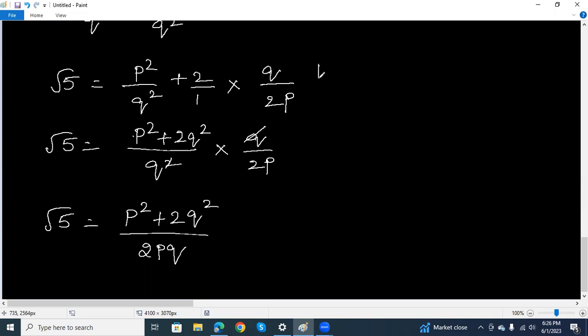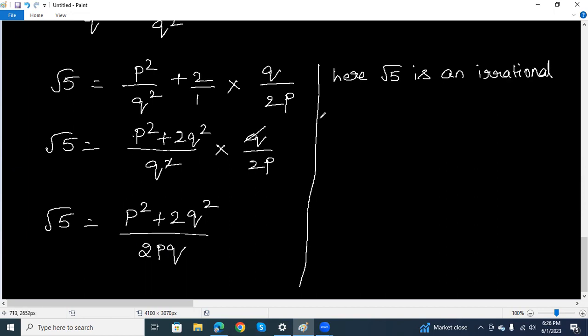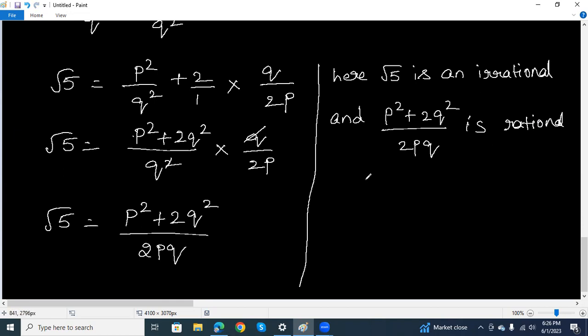So let's write, finalize. Here, root 5 is an irrational number and (P square plus 2Q square) by 2PQ is a rational number. Isn't it?